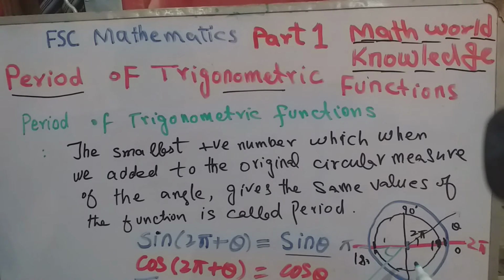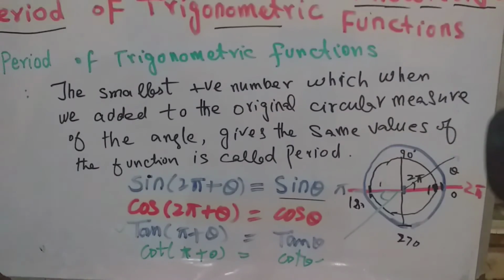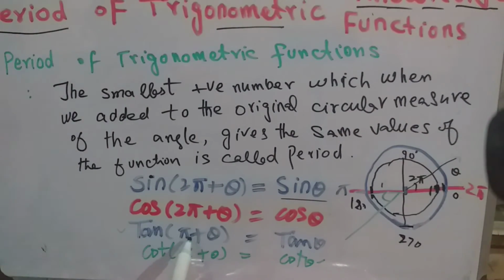While we can understand easily the periodic function as tan and cot, pi plus theta. First of all, we understand pi plus theta: tan of pi plus theta, the answer is tan theta, and cot of pi plus theta, the answer is cot theta. So the value is repeated with similar properties.